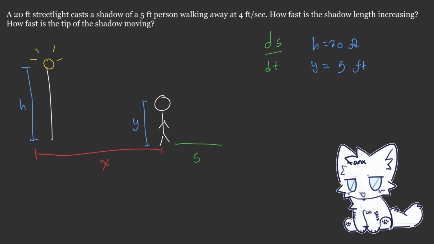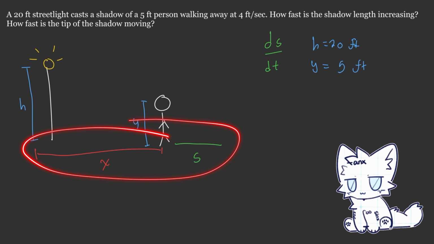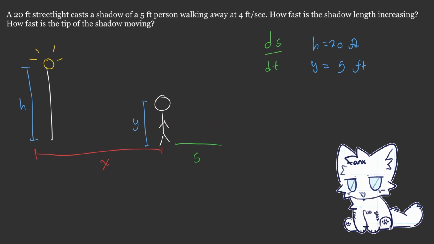Let's do the height with respect to the length. So the height would be 20 feet. Let's start with the big triangle, 20 feet, and then the length, x plus s.